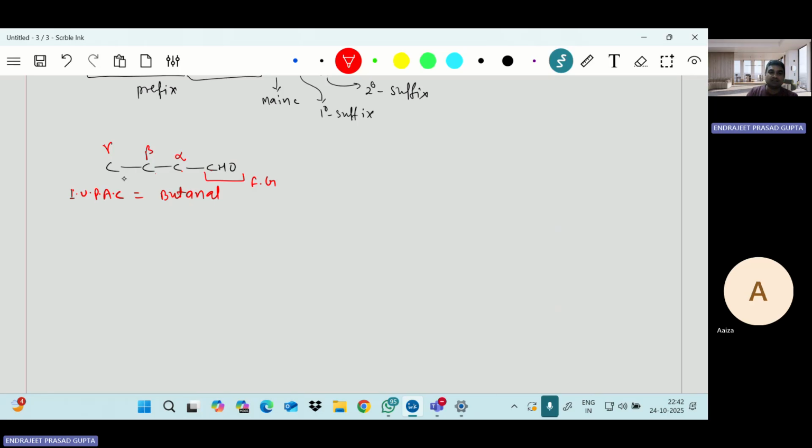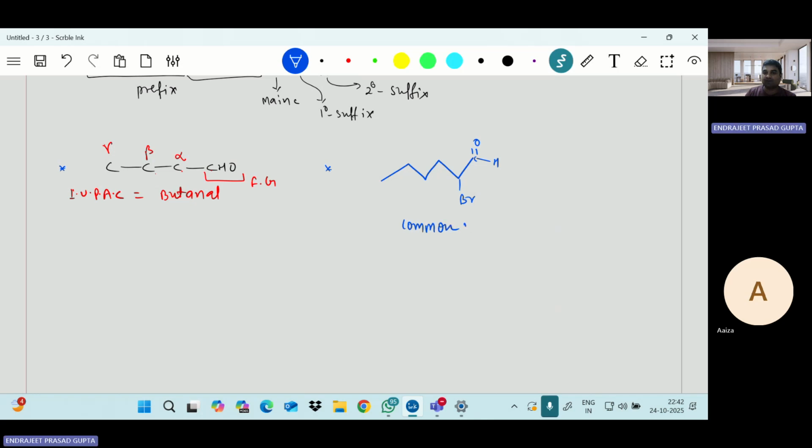So you can identify the carbon if I am writing the compound like this, and now double bond OH. This is aldehyde. And if I'm writing bromine here, what would be the common name?